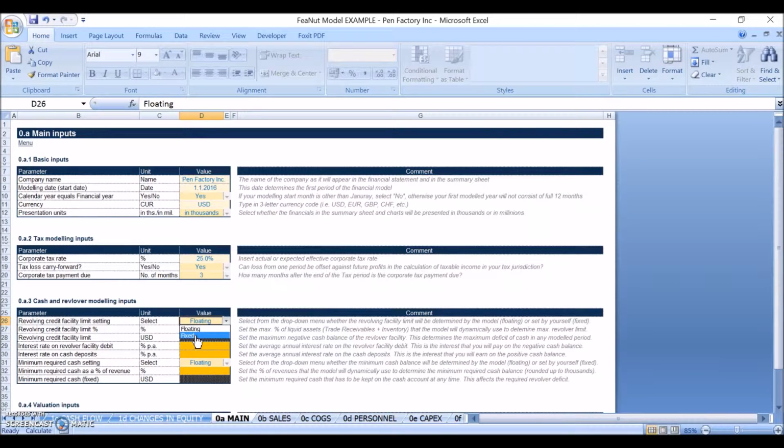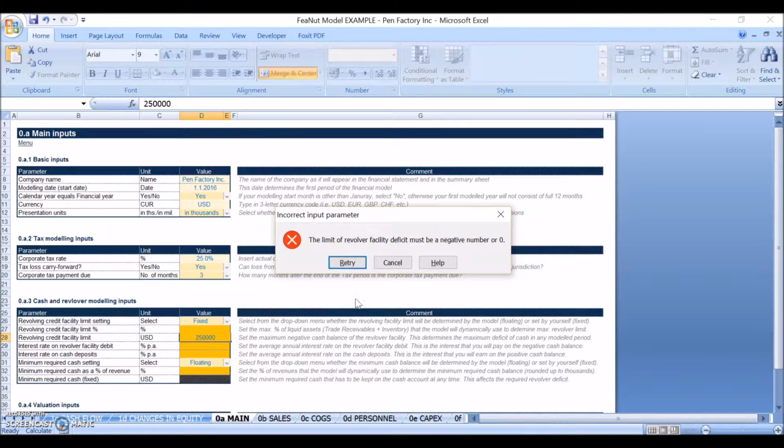If you select fixed, then the model will highlight for you the cell that you should use to provide the maximum limit of this so-called revolving credit facility that the bank will provide to you. So let's say that this will be $250,000.